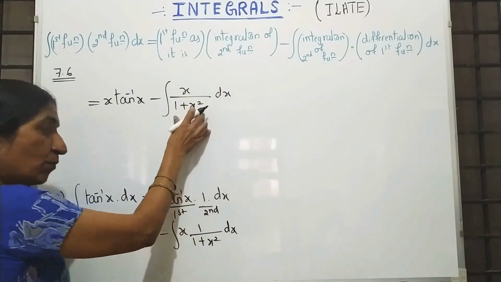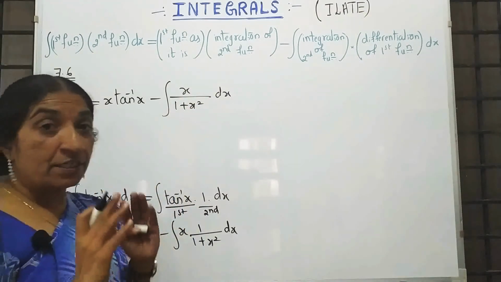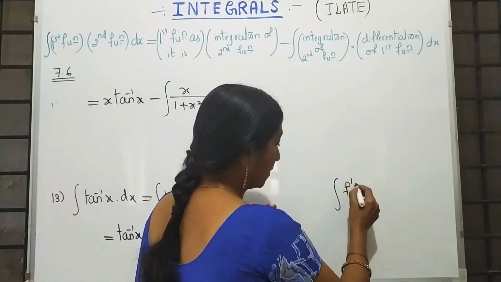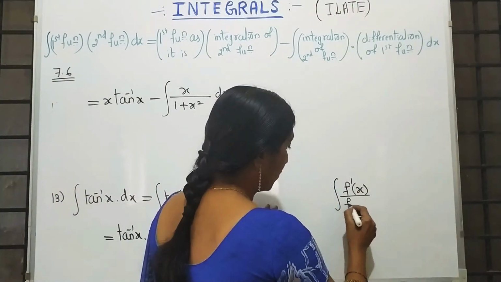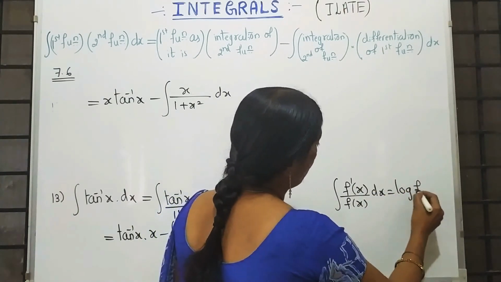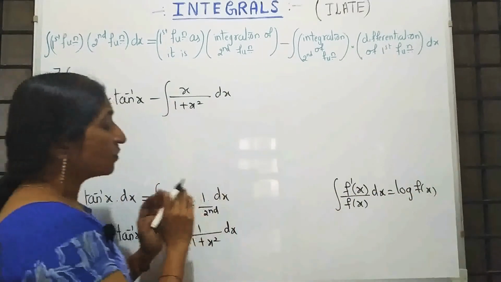See, it is in the form of a fraction. If you watch it carefully, it is nearer to the formula f dash of x upon f of x, that is nothing but log of f of x. If you make one small adjustment, you will get that answer.